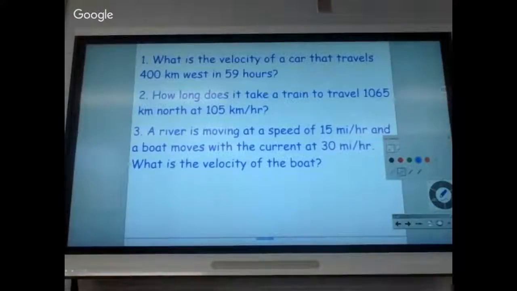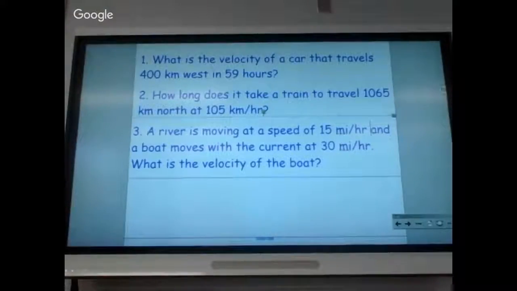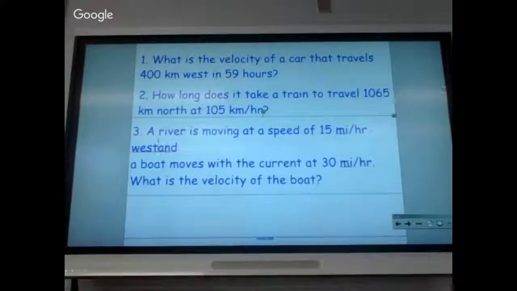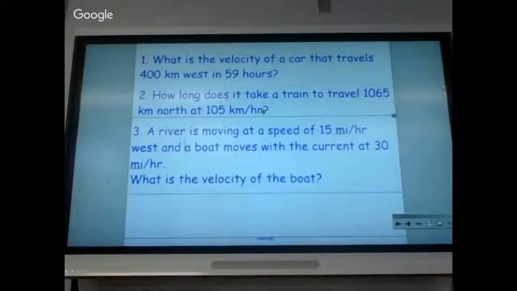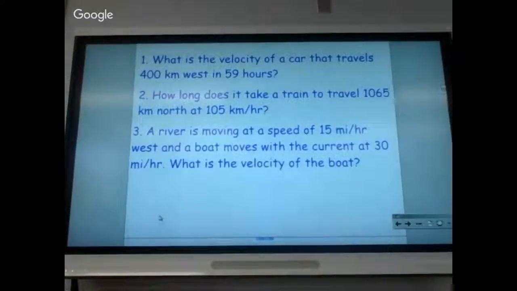Wait, so what are the questions? You couldn't reach that? No. I thought I was going to walk all the way there. Prove me wrong again. All right.